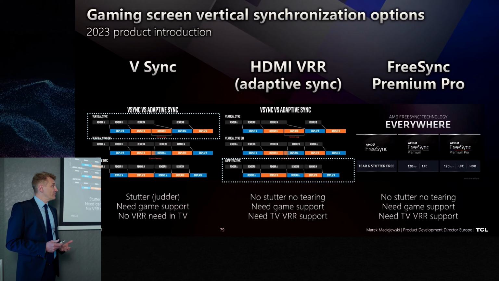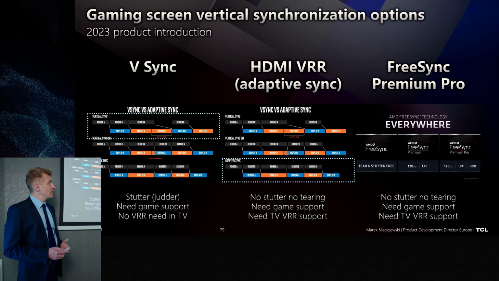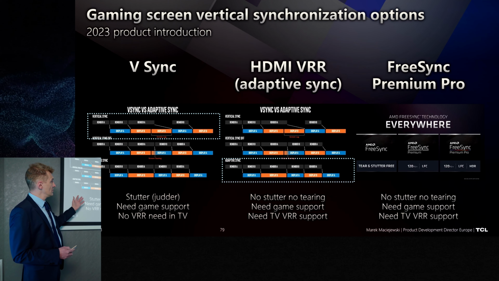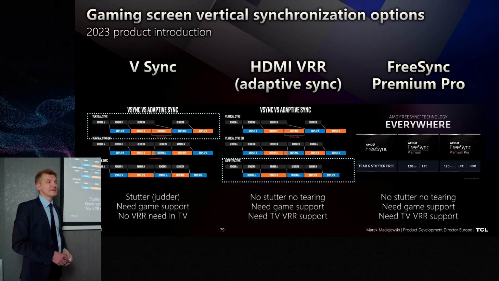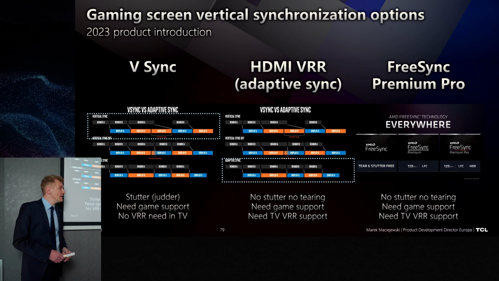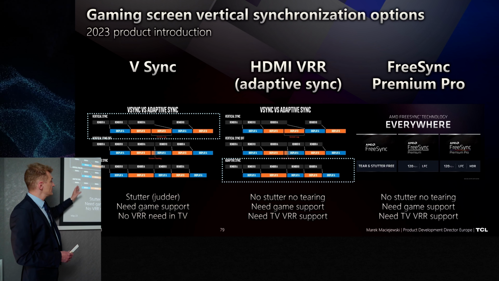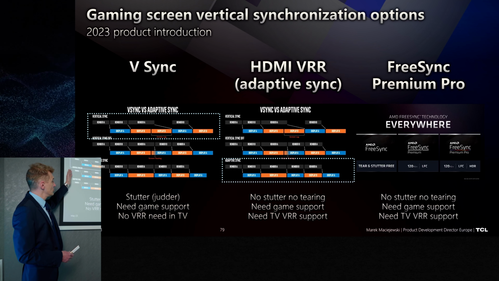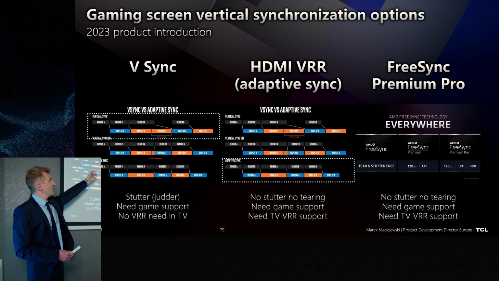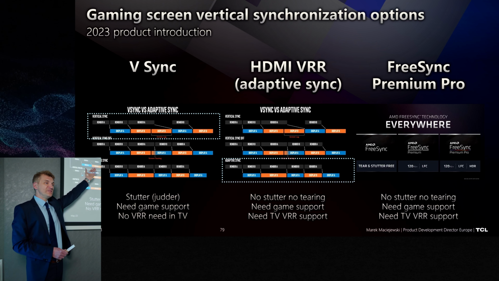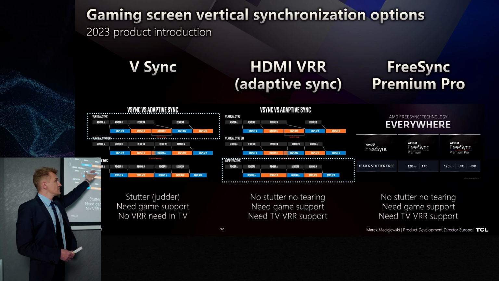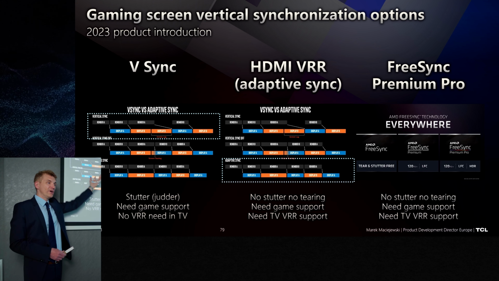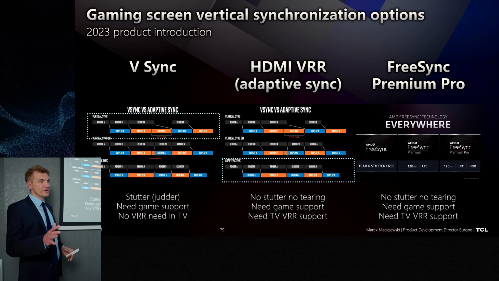VRR story everyone is talking about, but there are a lot of stories also about it. So everything started from VSync, vertical sync. But the key issue with vertical sync was stutter or judder, because in many cases when the PC was unable to render, or the game console was unable to render, you were seeing twice the same frame, and that's why motion was not very smooth.